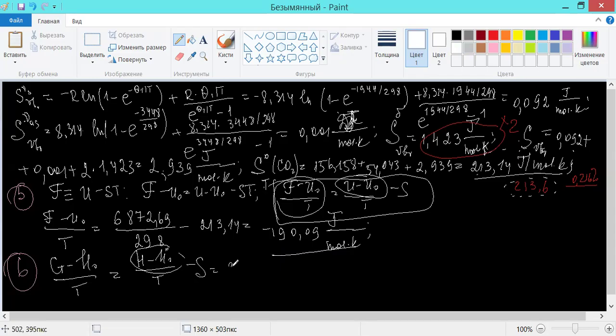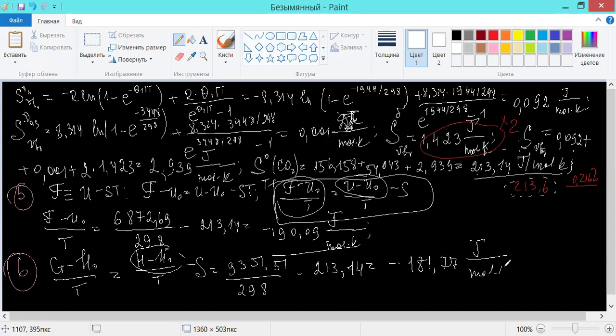It's equal to 9,351.51 divided by 298, minus 213.14, and that is equal to minus 181.77 joules per mole Kelvin.